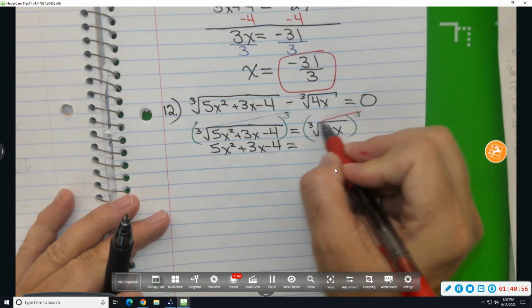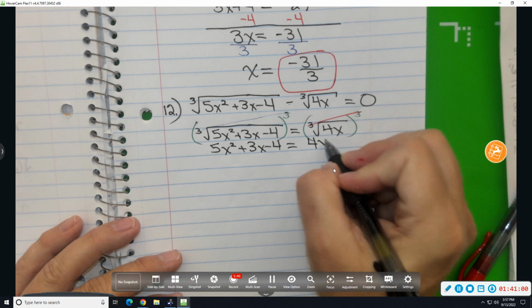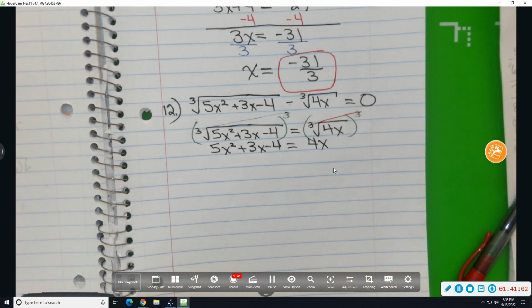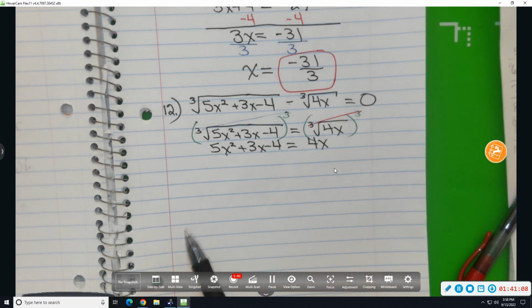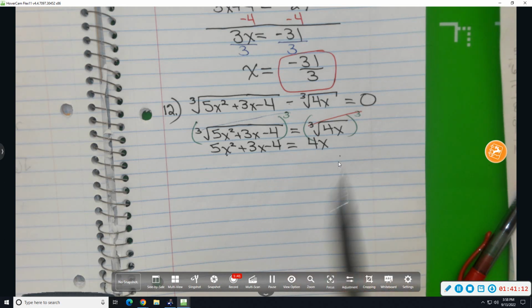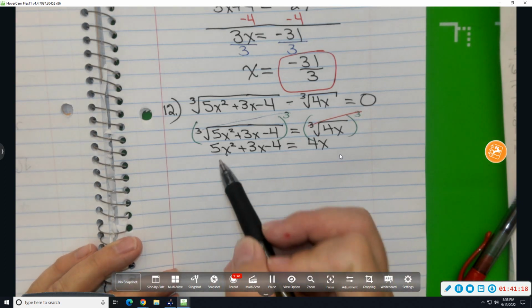So at first glance, this problem looked bad, but in reality, we were able to get rid of those radicals pretty easily. It's a quadratic equation, so we need 0 on one side. Do you think I'll get the 0 on the left or on the right? On the right side, I agree. I want that 5x squared to stay a positive 5x squared.